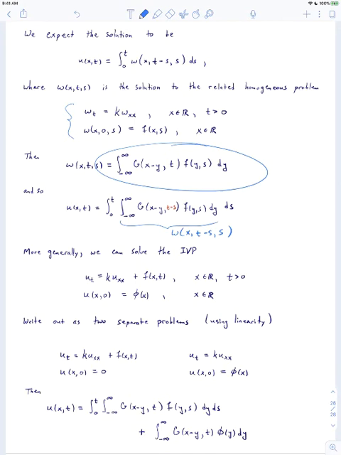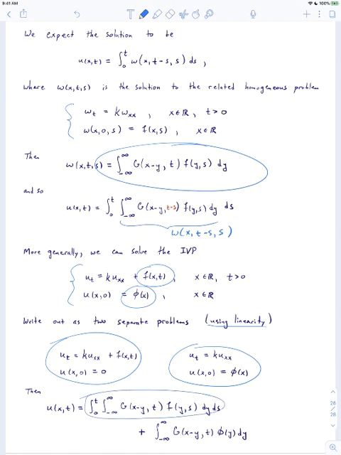Okay, so more generally, we can solve an initial value problem like this one, where we have a source term and an initial condition. In order to do this, we write it out as two separate problems using linearity. The first problem is the one with the source term, and the second problem is the one with the initial condition. Then you can show that the solution to one of these problems is here, and the solution to the other problem is here.